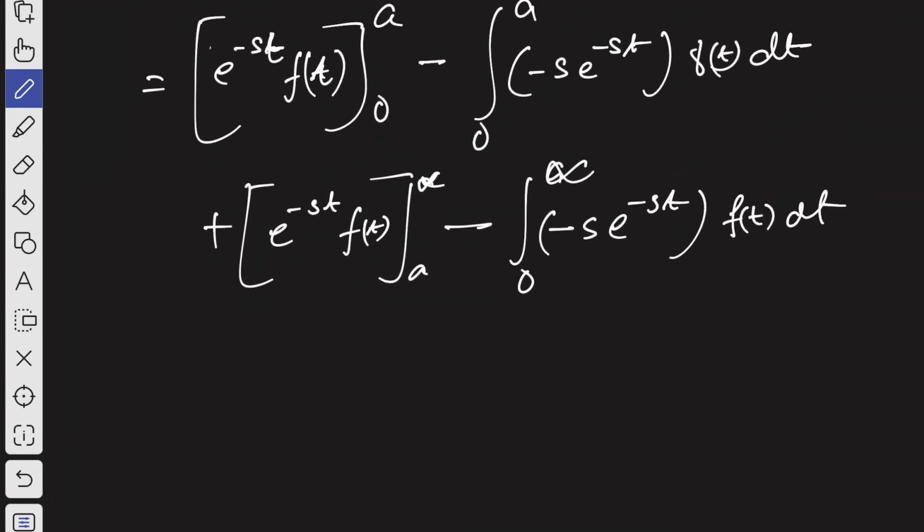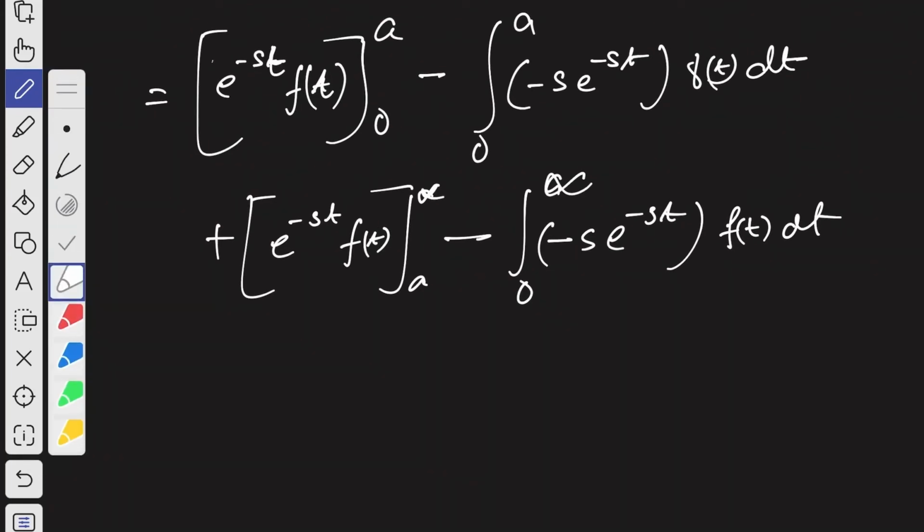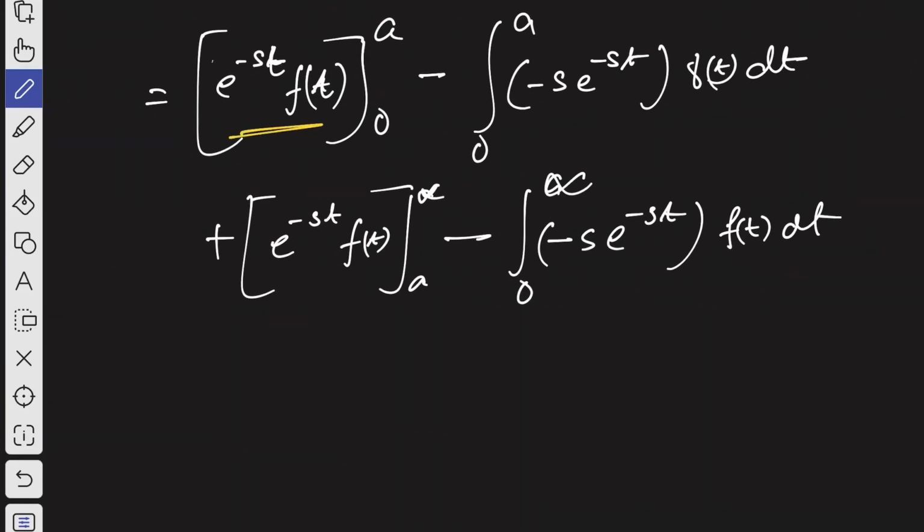Now if you put the values here, the limits a and 0, upper limit and lower limit, then what you will get? So at a you will get e to the power minus sa.